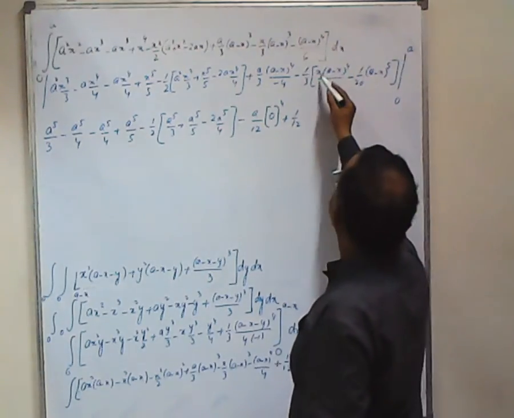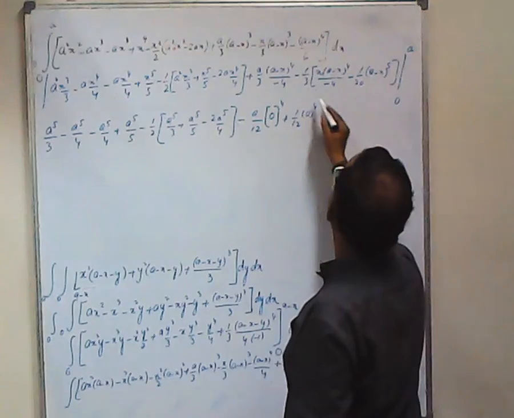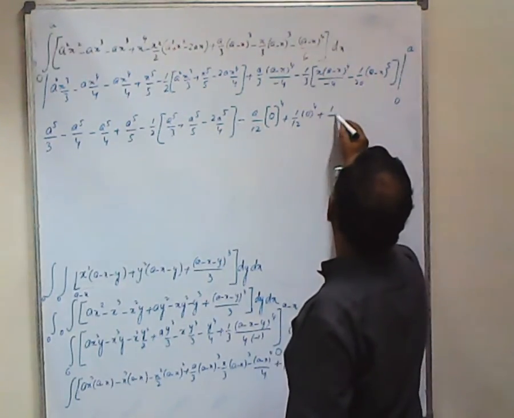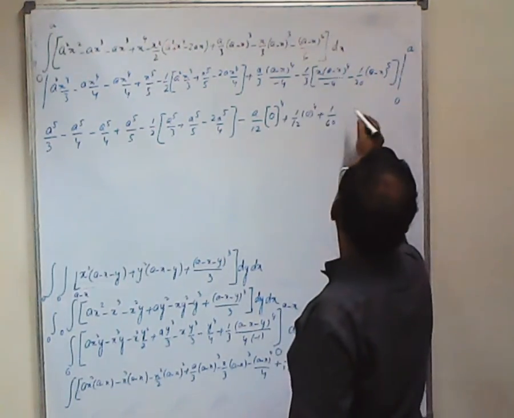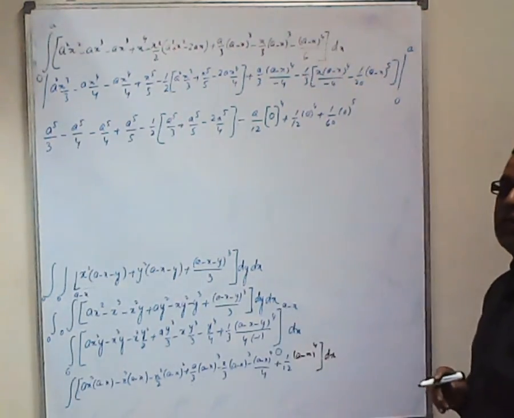So in place of x, if I substitute a, this will be 0 power 4 minus plus 1 upon 60, and this is also 0 power 5. This concludes the upper limit.